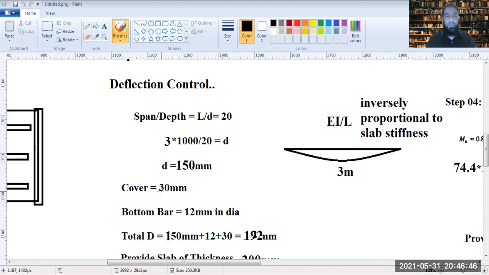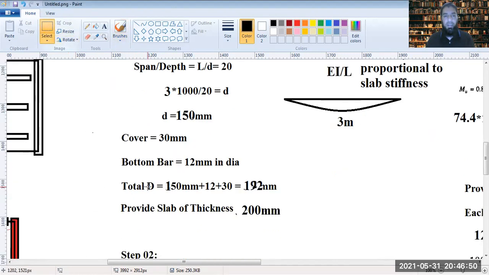If the cover of the slab is 30 mm and the bottom bar is around 12 mm in diameter, which is an assumption, and cover is usually provided as 30 mm, then the total overall depth would be 150 plus 12 plus 30, that's 192 mm. And the slab would be of a thickness of around 200 mm.